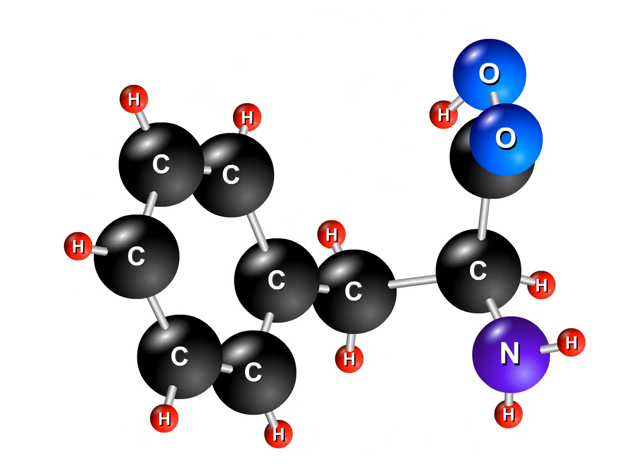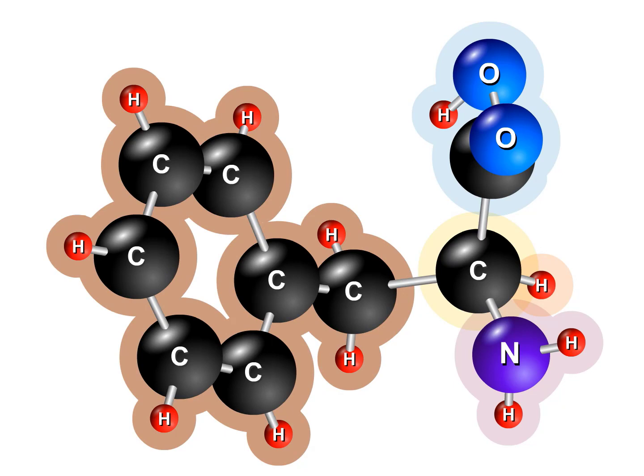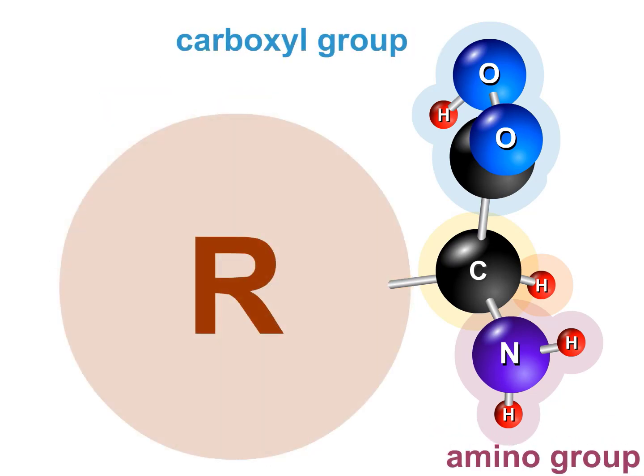At the center of all amino acids, there is an atom of carbon, the alpha carbon, to which the amino, NH2, and carboxyl, COOH groups, an atom of hydrogen, and another group, the so-called side group, frequently denoted as R, are joined. The differences between particular amino acids depend on the structure and properties of the side group.